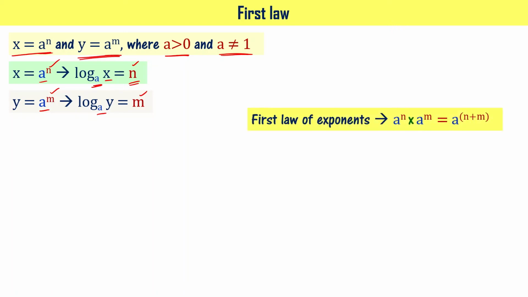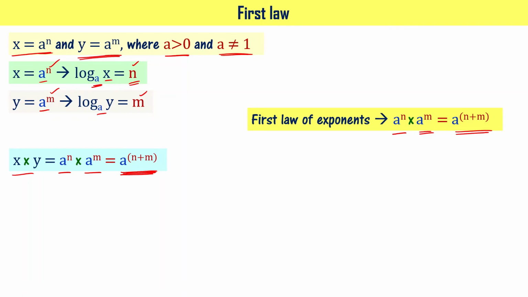You may recall first law of exponents. It says that a power n times a power m equal to a power n plus m, right? As per that, x times y is going to be a power n plus m. Using the first law, we can write it as a power n plus m, right?